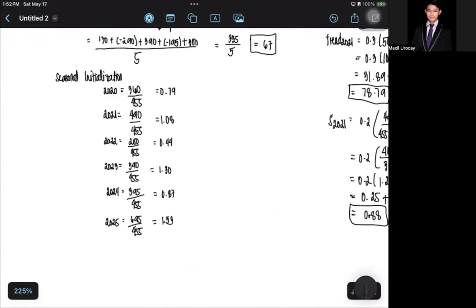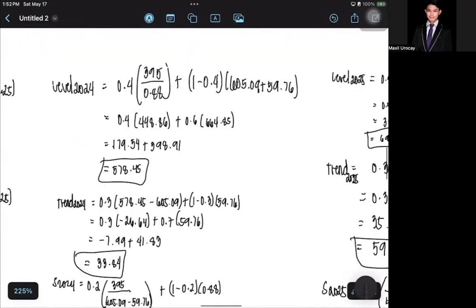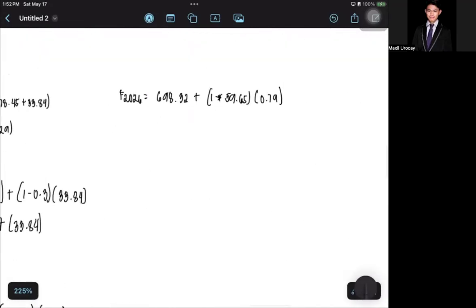This will be used for 2026, 2027, 28, 29, 30. So now we'll begin to see here 0.79. Calculate that one first: 698.32 plus still 59.65, then it's already times here, so 0.79.